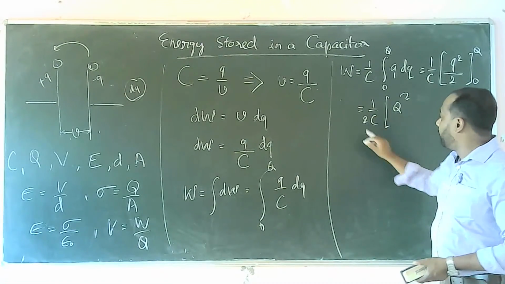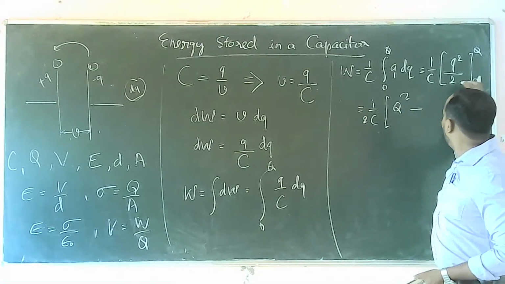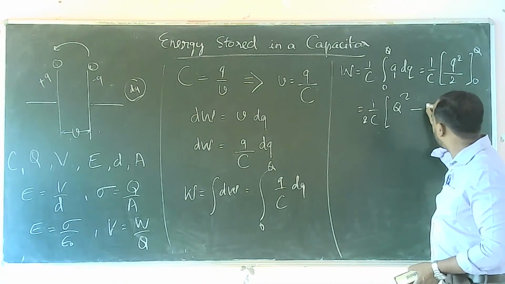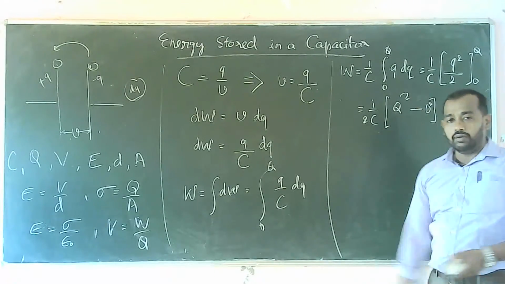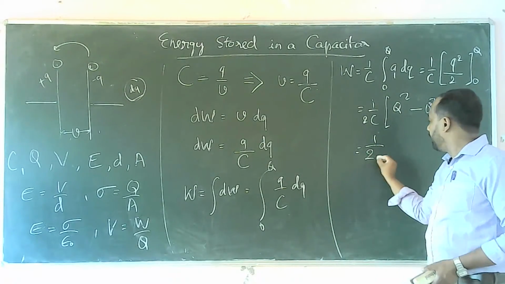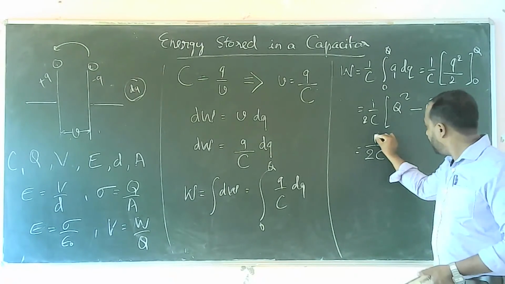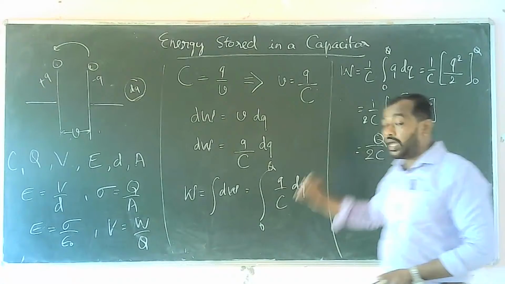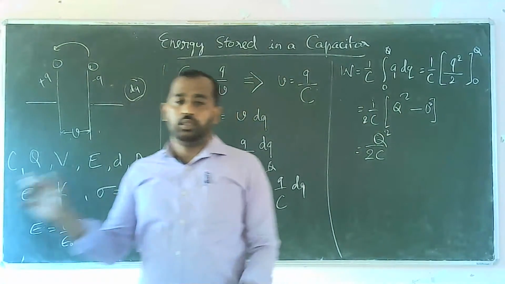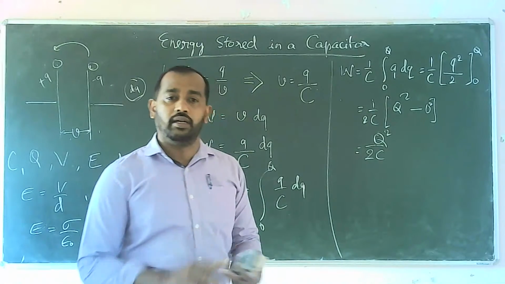So it will be equal to 1 by 2C into Q square minus the value of the lower limit, which is 0 square. So therefore it will be 0 itself, and that should be equal to 1 divided by 2C into Q square, or I will represent it as Q square divided by 2C. Okay. So that is the expression for the work done.